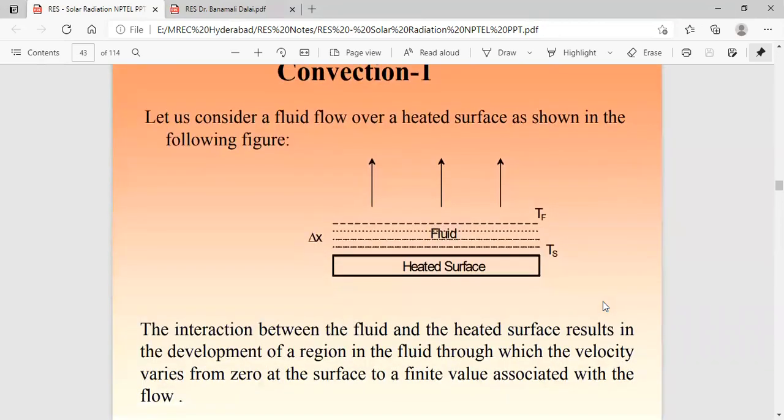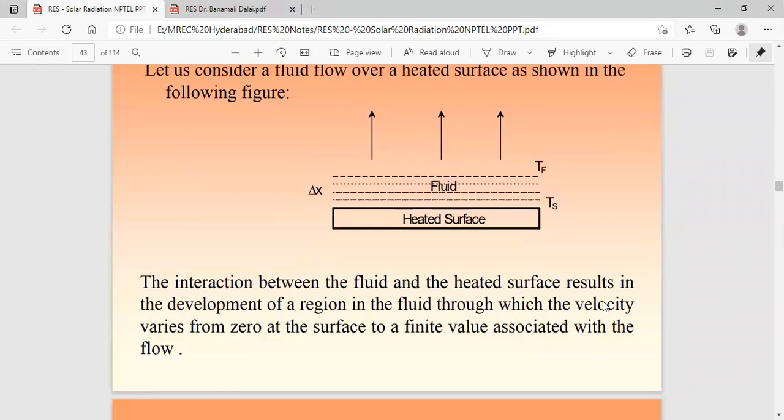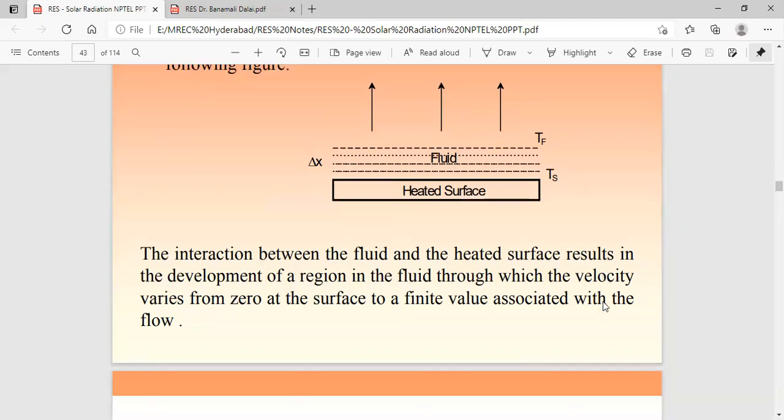Let us consider a fluid flow over a heated surface as shown in the figure. The interaction between the fluid and the heated surface results in the development of a region in the fluid through which the velocity varies from 0 at the surface to a finite value associated with the flow.